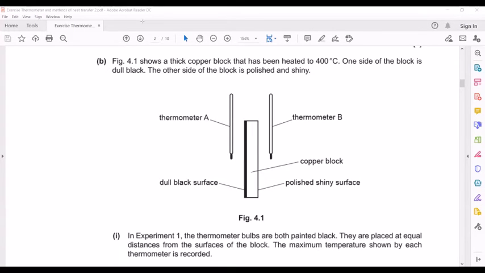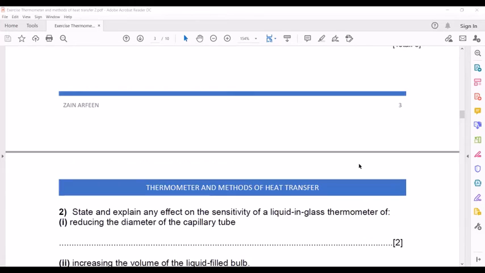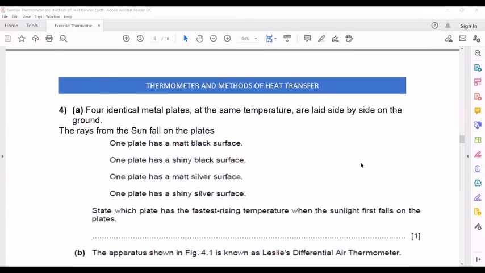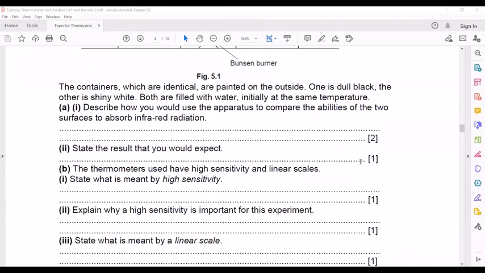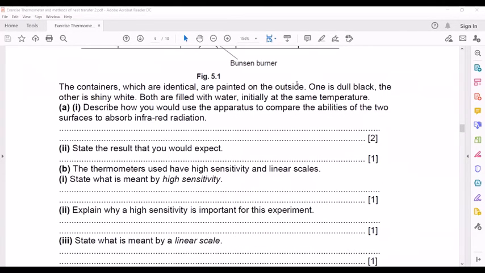Three B2. Explain why a high sensitivity is important for this experiment. When we are recording a small change in temperature, a highly sensitive thermometer is important because it is easy to read the scale.